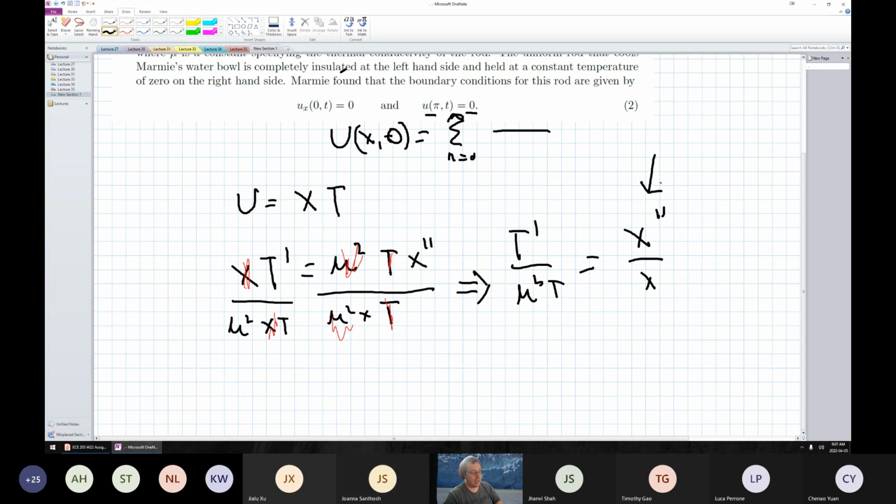When I have this, I can assume a separation constant of the form minus lambda squared. If you see this on the midterm or anytime you're doing this, your separation constant will always look like that. Why? Because the solutions to this thing are sinusoidals, so you need things to match.